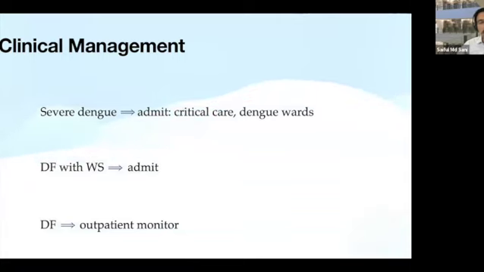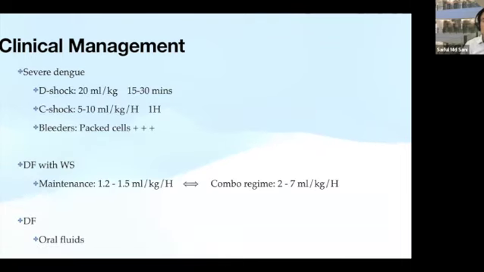And finally, the majority of patients who have zero complications or very minimal complications will only require outpatient monitoring and treatment. So if a person has severe dengue, your treatment is much more intensive.